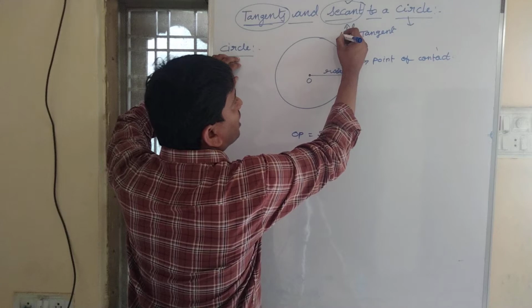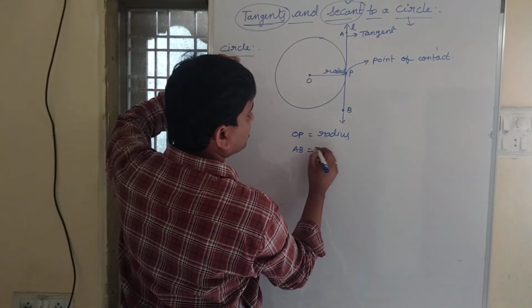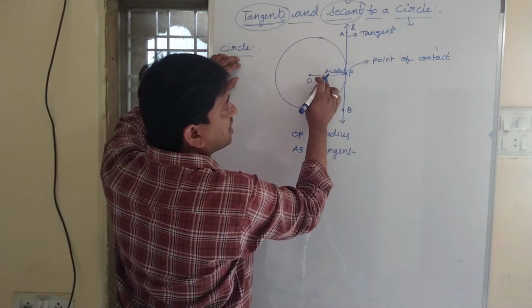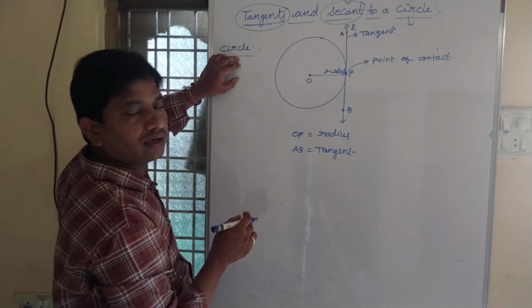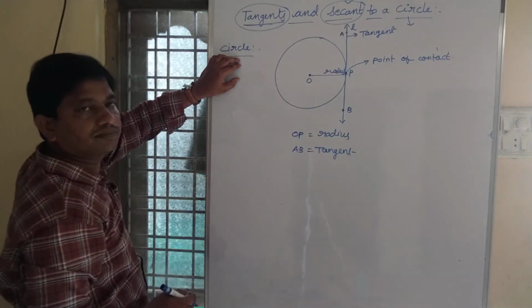If you consider this a line AB, so AB is tangent, because a line which intersects the circle at only one point is said to be a tangent. Here line AB is called the tangent.